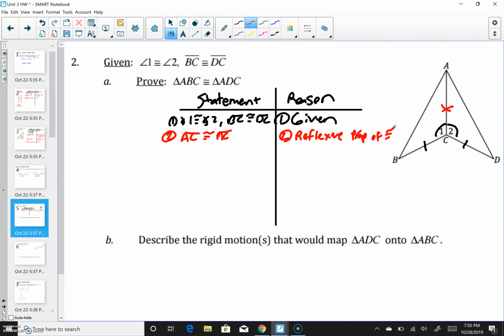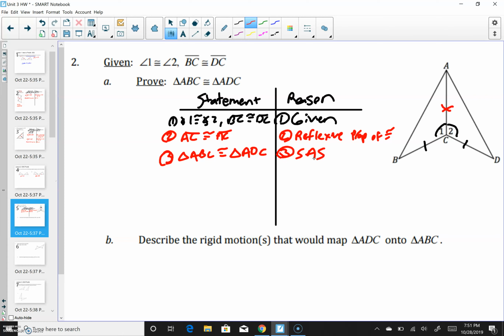And now let's look at our triangle. In the left triangle, we have side, angle, side. And in the right triangle, we have side, angle, side. So step 3, triangle ABC is congruent to triangle ADC. And our reason is going to be side, angle, side.